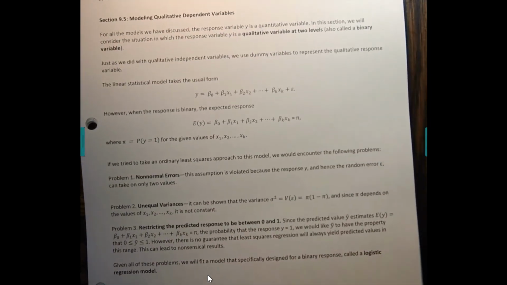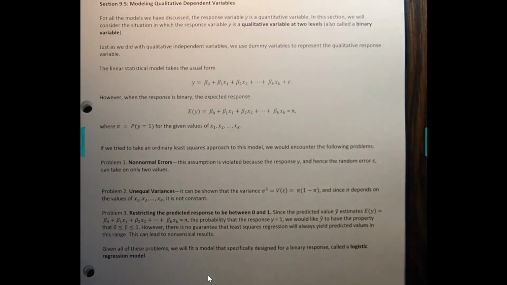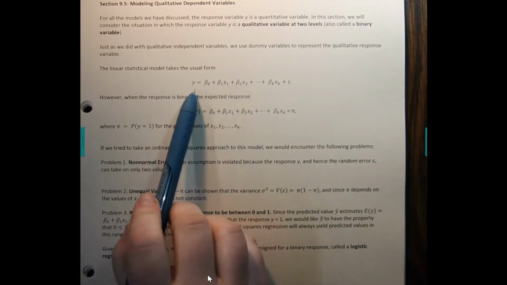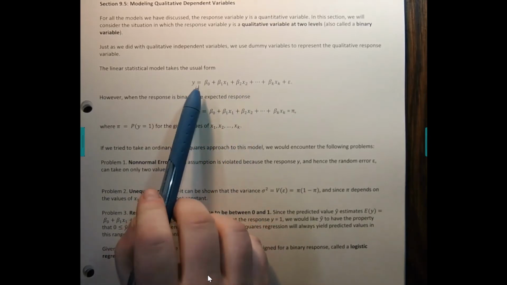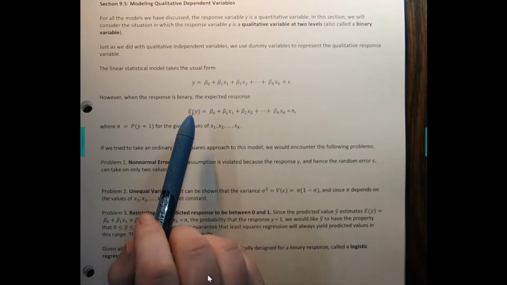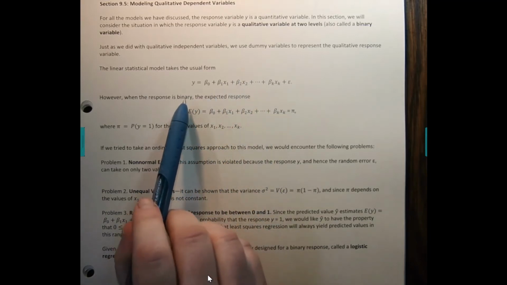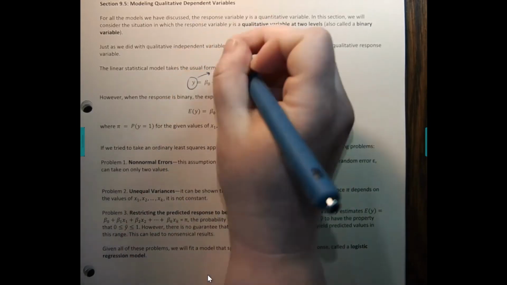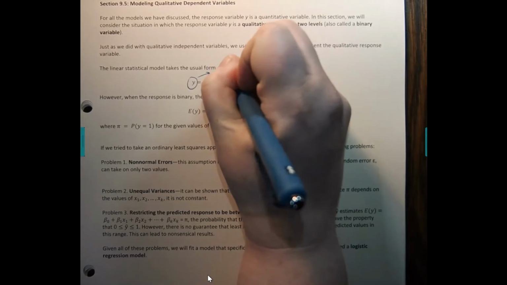Our statistical model is going to look the same as it did before. We're going to have our response variable, and we're still going to have all of our explanatory variables. What changes now is when the response is binary, in other words, y is now categorical.